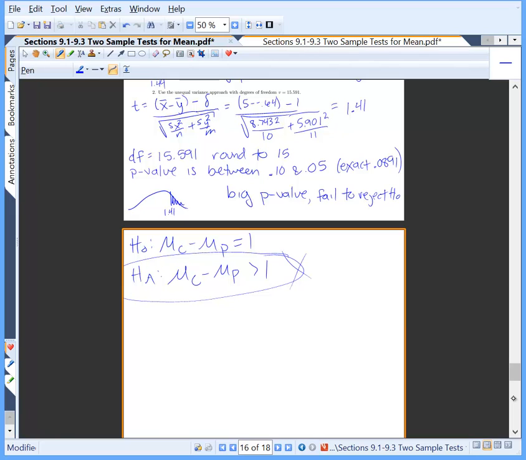We never look for evidence for the null hypothesis, which means that our conclusion is still always framed in terms of the alternative hypothesis.